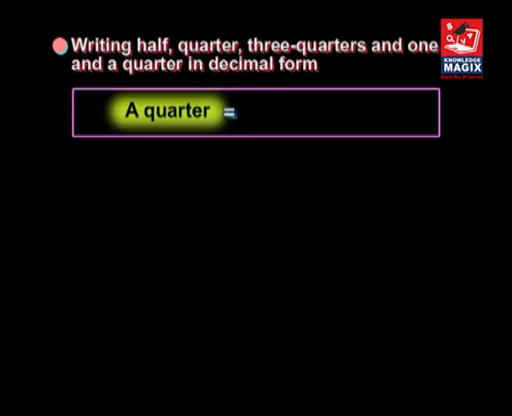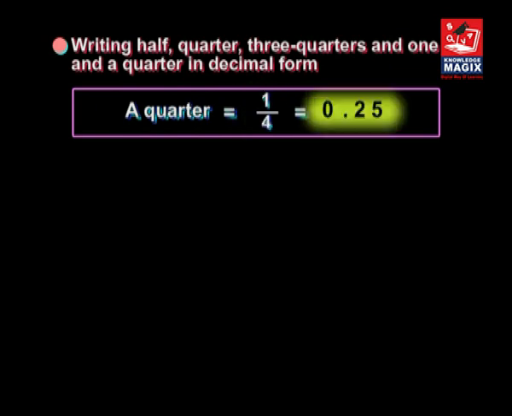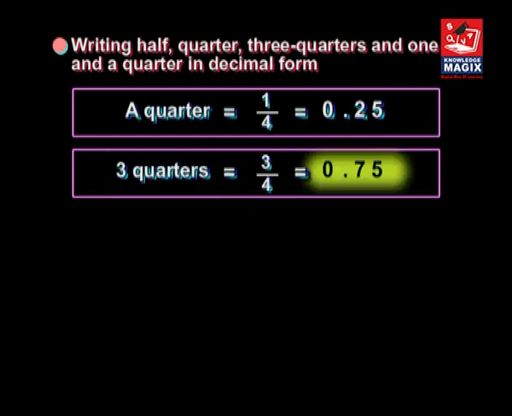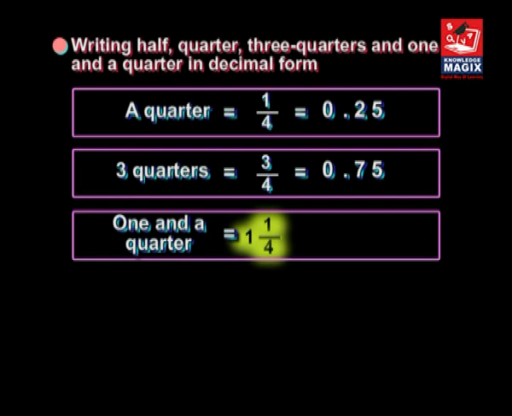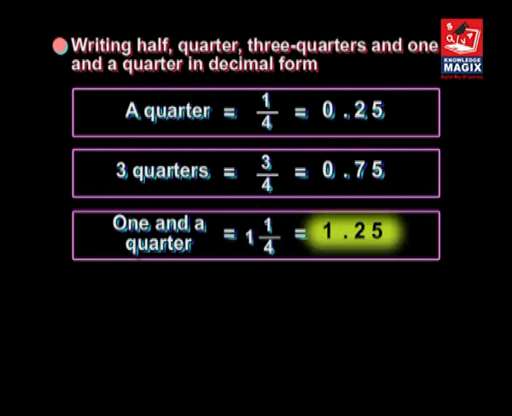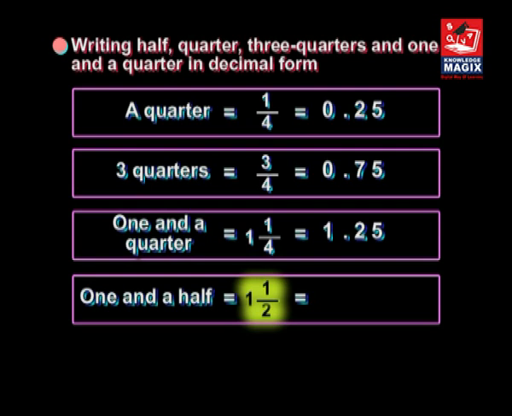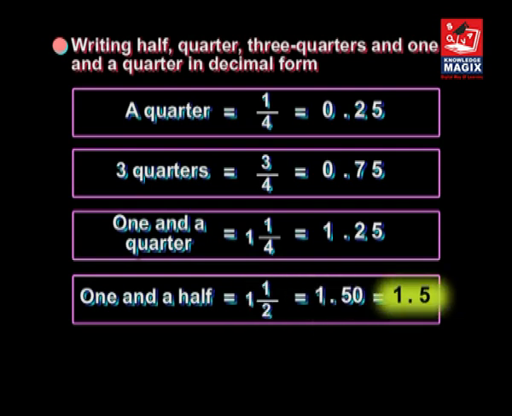A quarter is equal to 1/4 is equal to 0.25. 3/4 is equal to 0.75. 1 and a quarter is equal to 1 and 1/4 is equal to 1.25. 1 and a half is equal to 1 and 1/2 is equal to 1.50 is equal to 1.5.